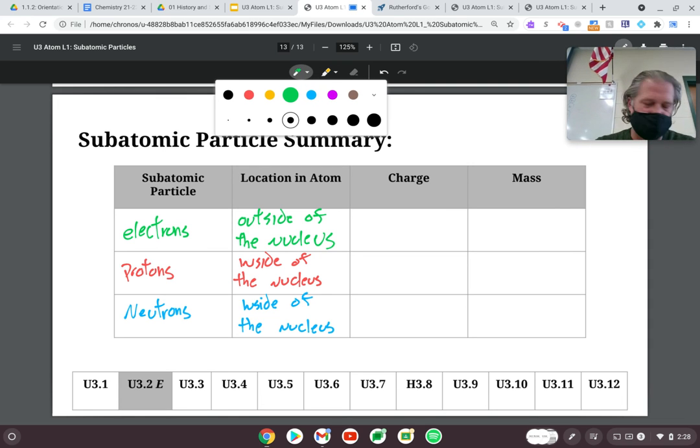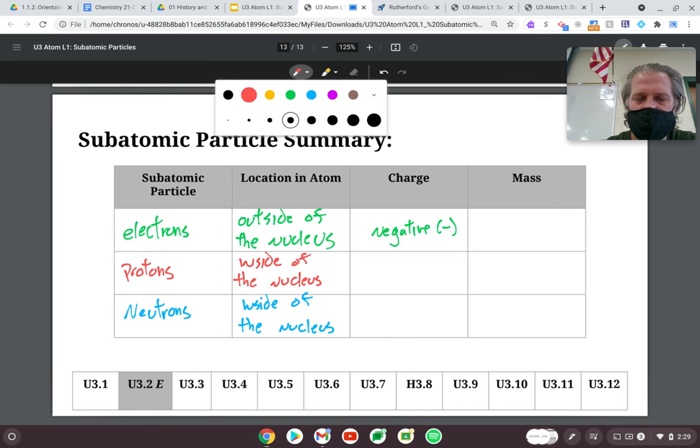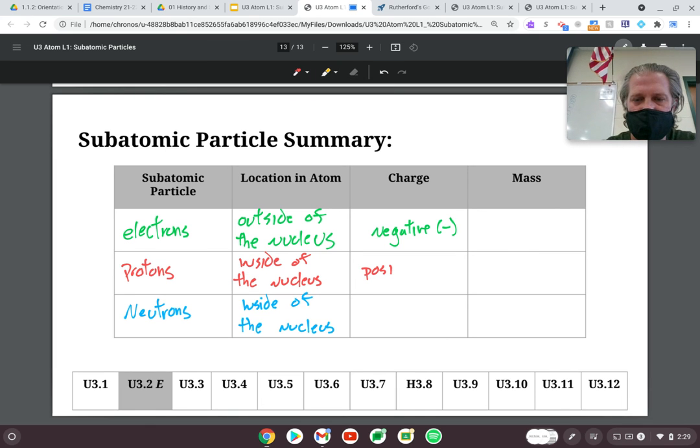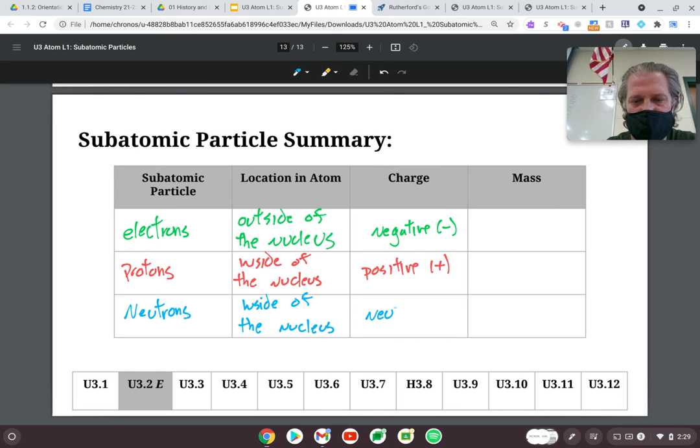What about the charge of electrons? What about protons? And neutrons, neutral.